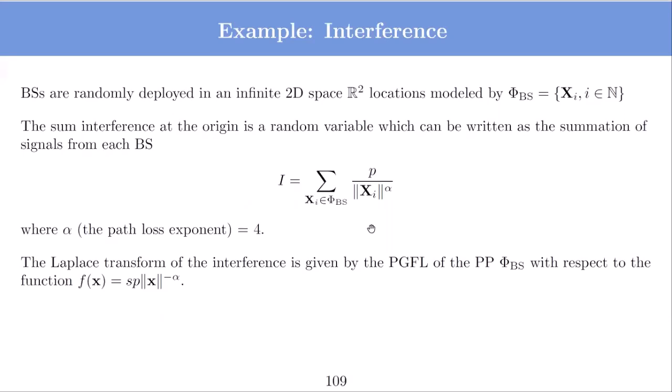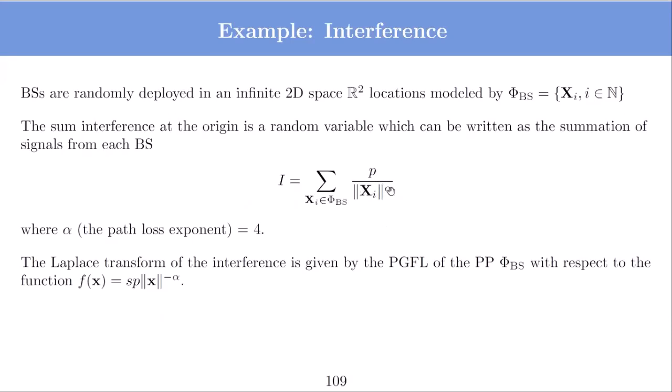So in particular, we define interference. If we go to one base station at xi, its interference from this base station is computed as transmit power P multiplied by the norm of xi to the power minus alpha. This is the distance to the power minus alpha, which is known as path loss.